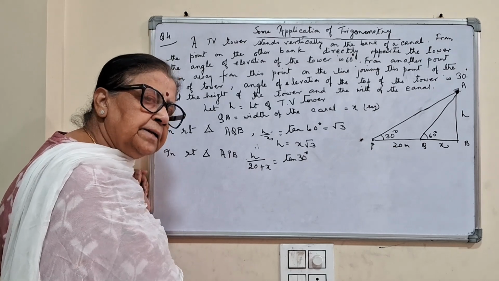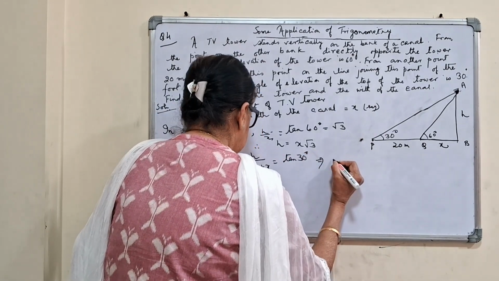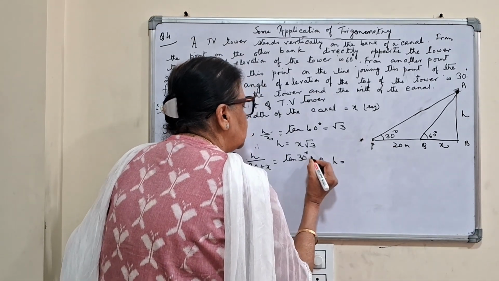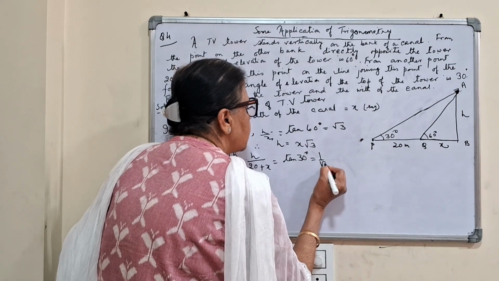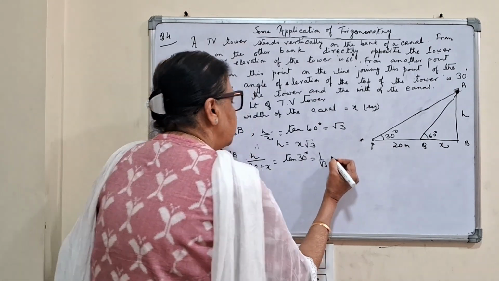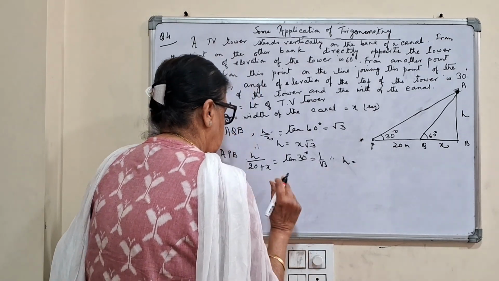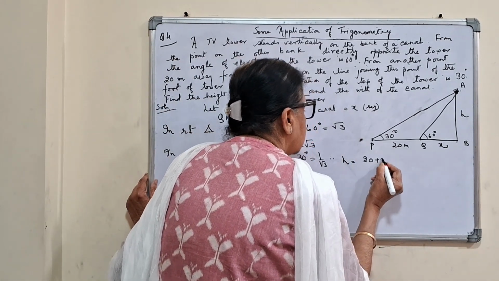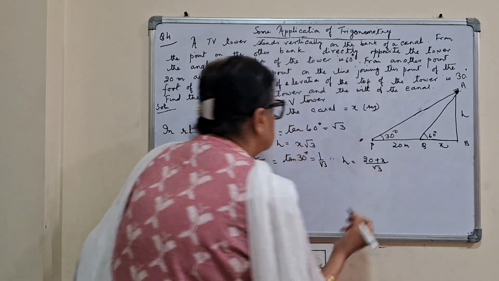Tan 30 is 1 by root 3. Therefore H is equal to 20 plus X divided by root 3.